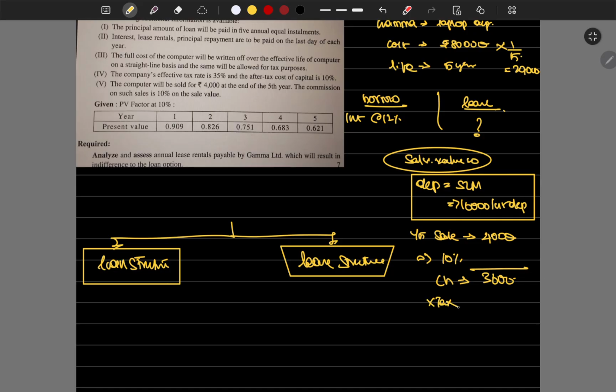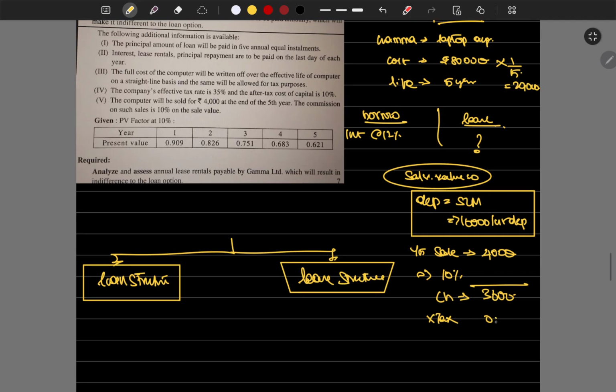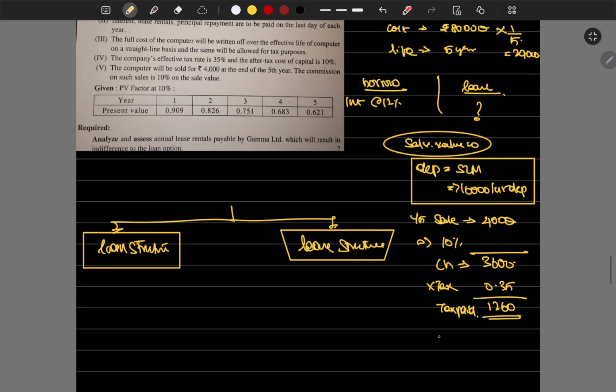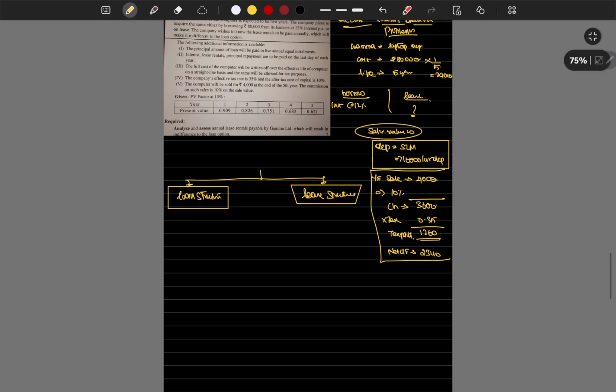Tax on this is 0.35, which is 1,260. Tax paid, net cash inflow is 2,340. We have arranged every figure here, so we just have to populate them into the structure.